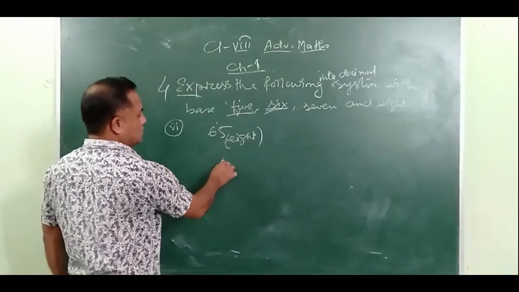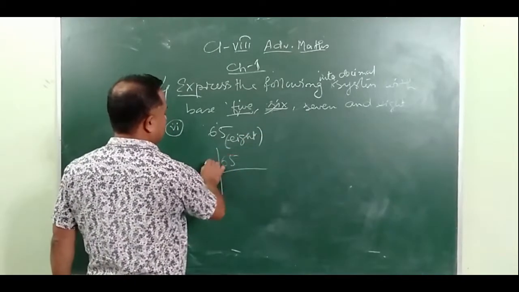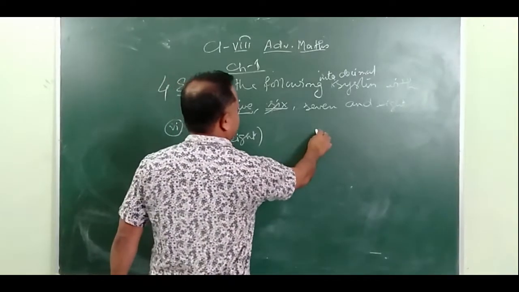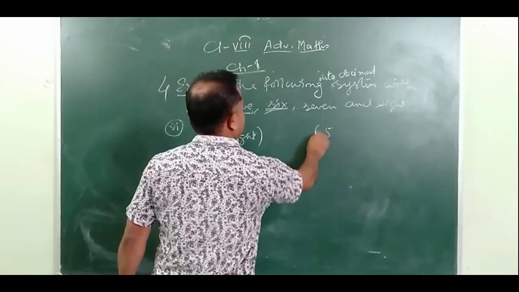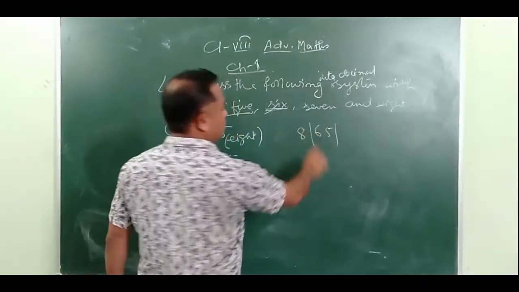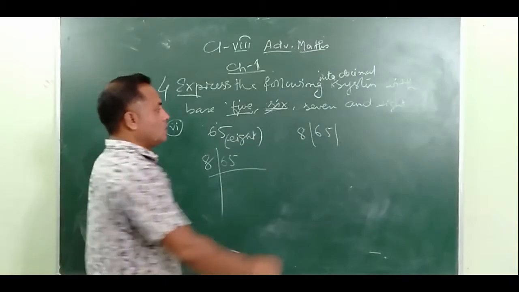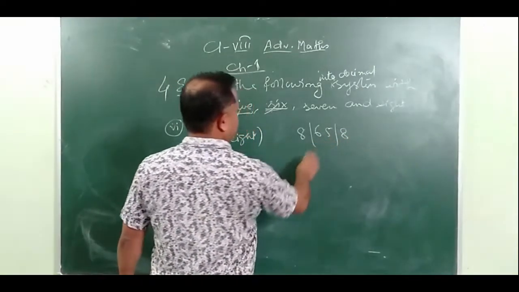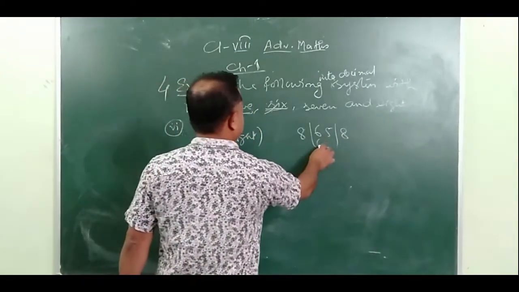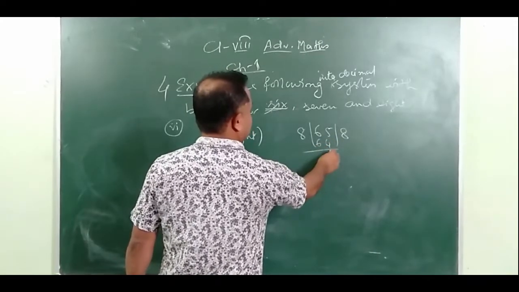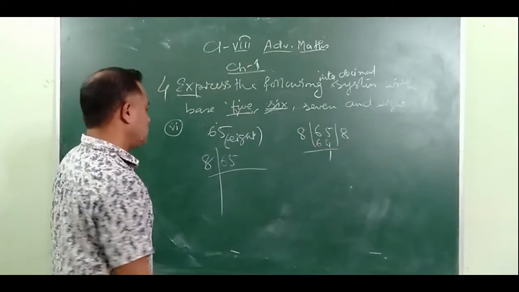Similarly for 8 also. 65 you will try with 8. 65, when you divide with 8, how many times does it go? 8 times. It is 64. So the remainder is 1.